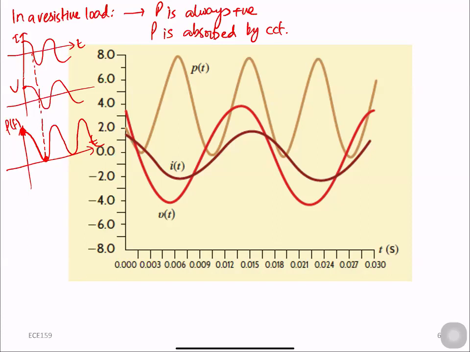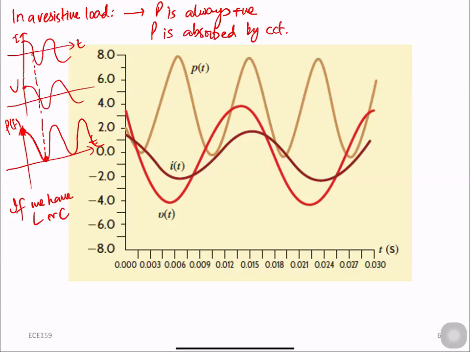Now, if we don't have a resistive load, if we have an inductive or capacitive load, what happens then? Is the power going to be only positive, or will it go negative as well? We'll see. For an inductive or capacitive load, the power can be negative for some instant of time, right?